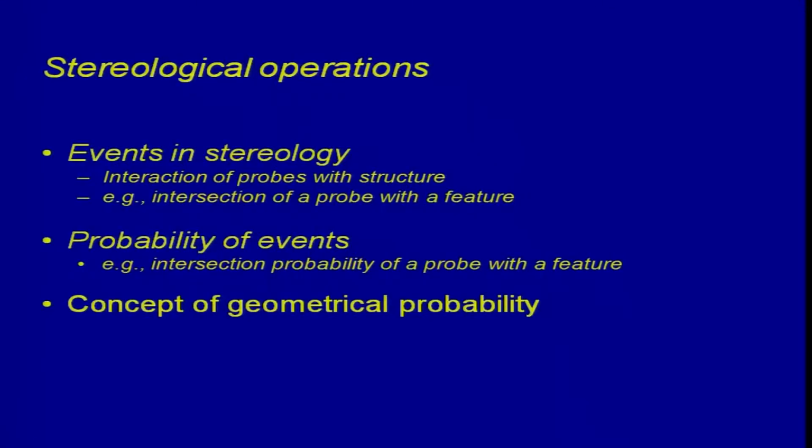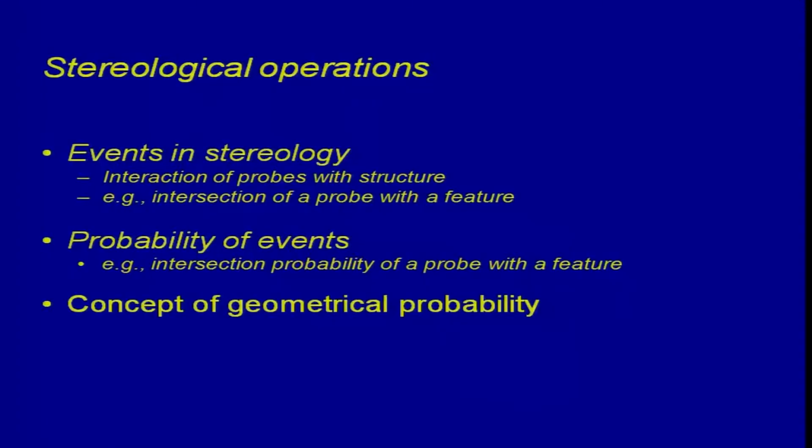So, we have already seen the stereological operations, which produce events in stereology, which is the interaction of probes with structure, and we will now see that these events have a certain probability. What is the probability of a particle getting intersected by a plane probe?